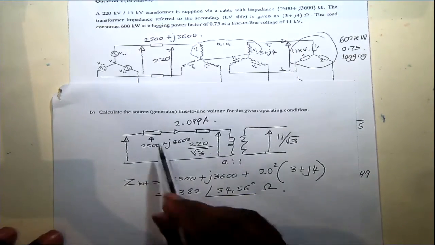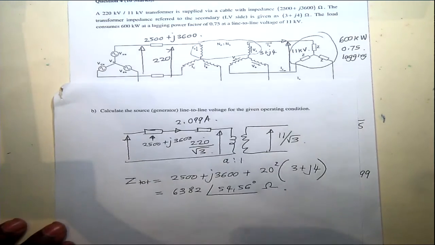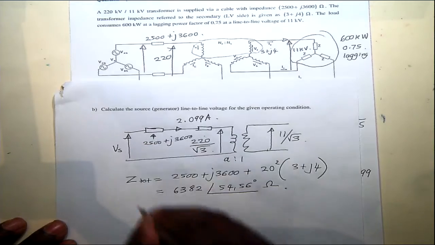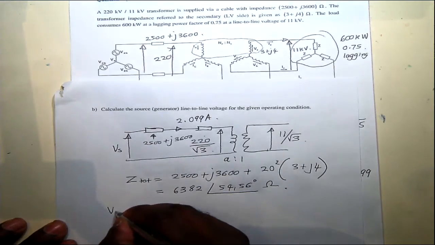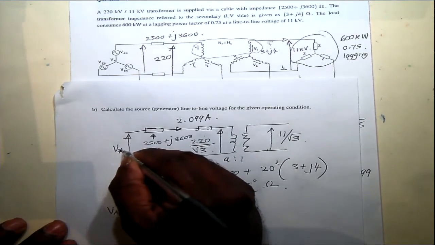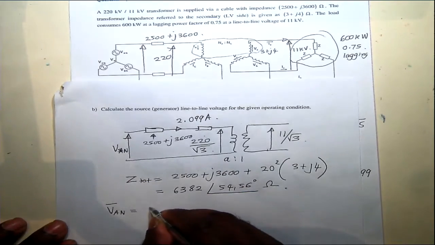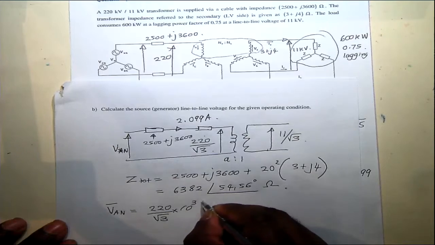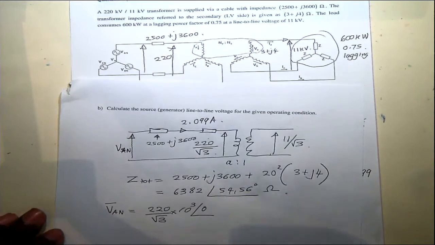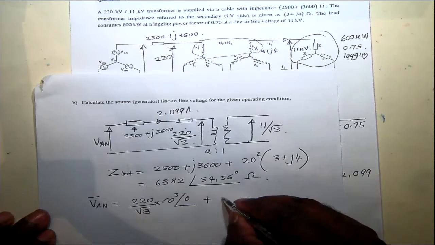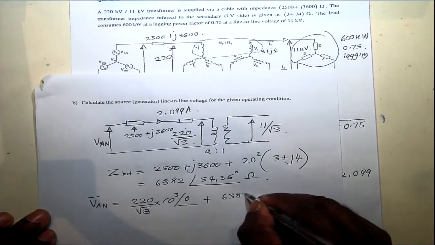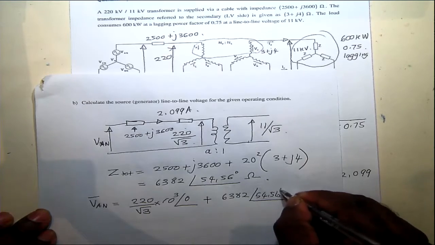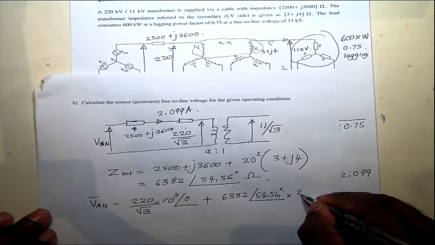So if you find the voltage drop and add it up with this voltage, let's say this is the source voltage, V_AN, the source voltage will be 220 over root 3, this is a kilovolt quantity, plus the voltage drop, that will be 6382 at 54.56 degrees times 2.099.